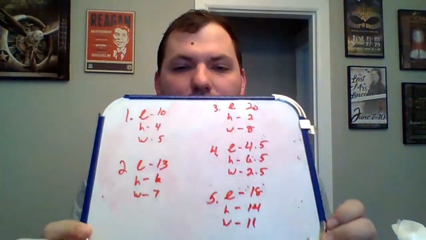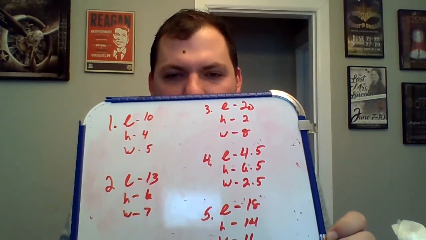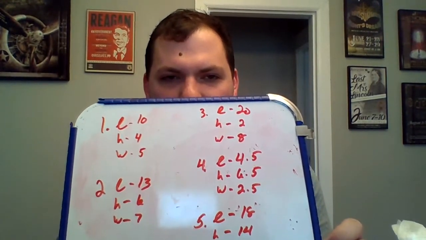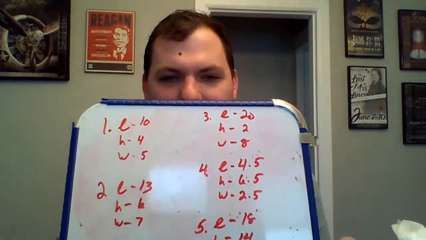Okay, here's your assignment. Go ahead and you can pause the video to write all this down. I want you to pick 4 of them and then solve them and send me the answers, all right?